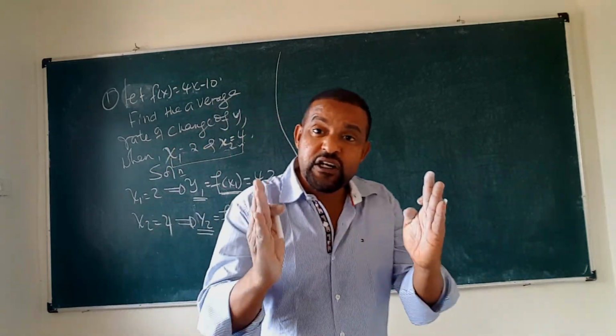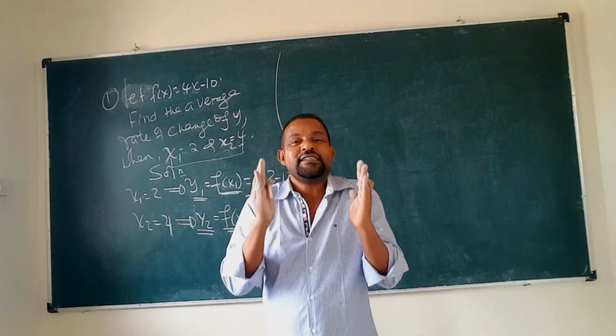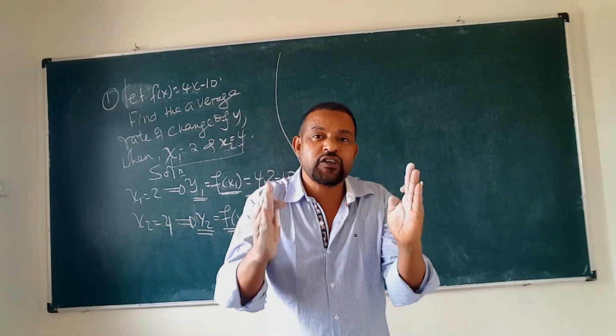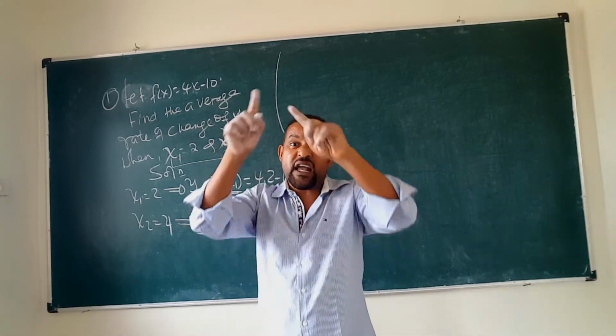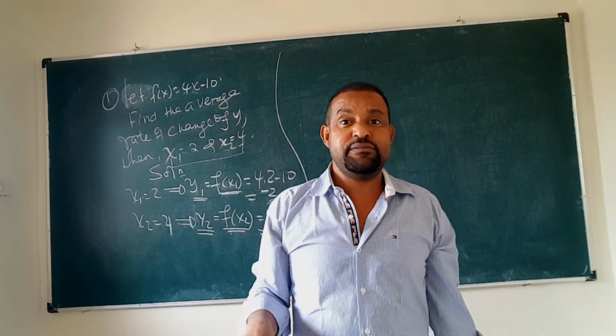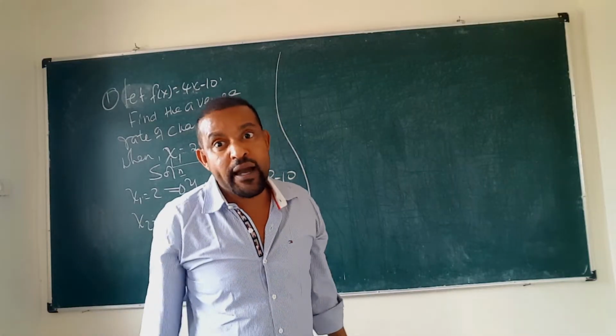So by the definition, what is it? You must hold that definition now, it is a formula. The average rate of change of the function f of x, or y with respect to x, on a given interval a b means change in y over change in x. That means y2 minus y1 over x2 minus x1.